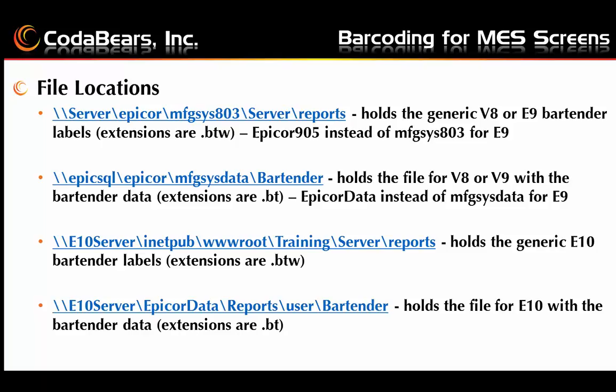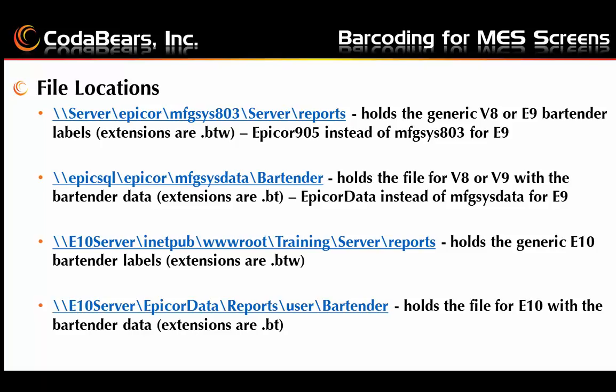Epicor 10 has a totally different path for holding the Bartender labels. It's the inetpub wwwroot path, and then it has server and reports, and that's where your Bartender labels are, which still have the extension of BTW.